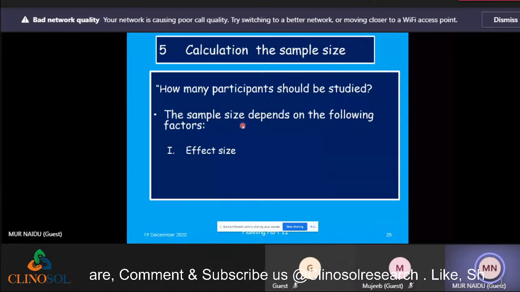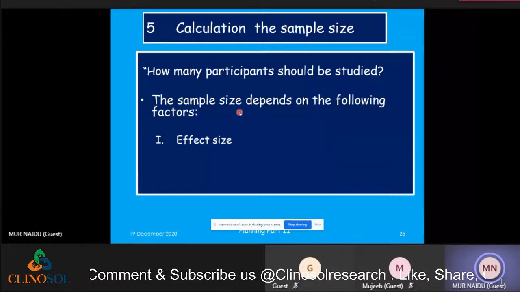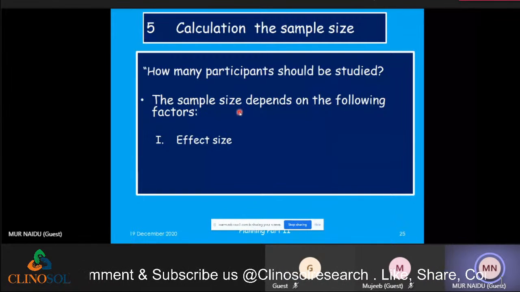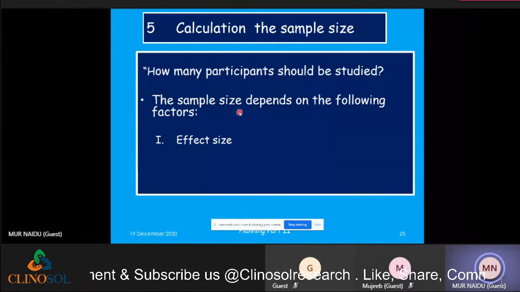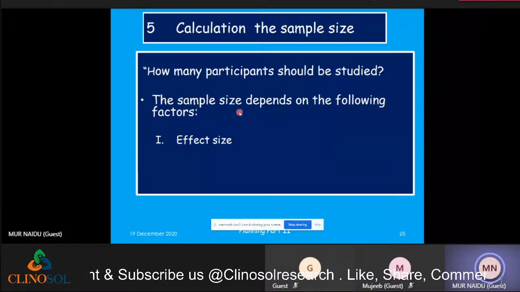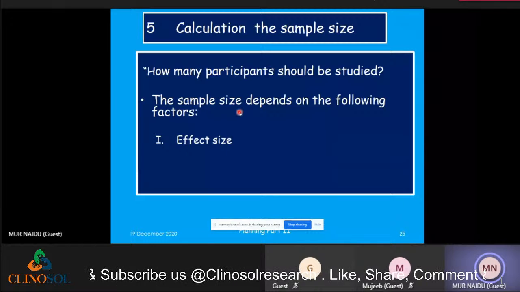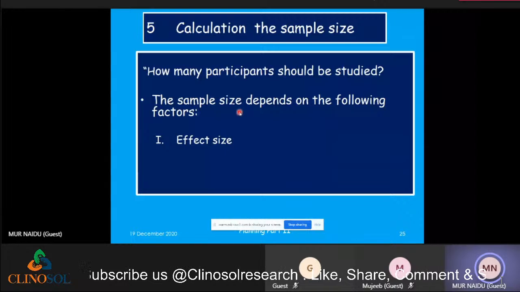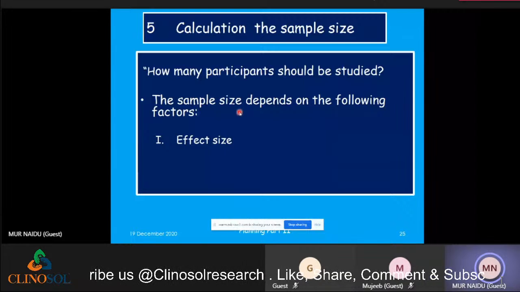Generally, if you want to test a new drug, there will be a fall of more than 10 millimeter of mercury as compared to baseline. That is my guide.